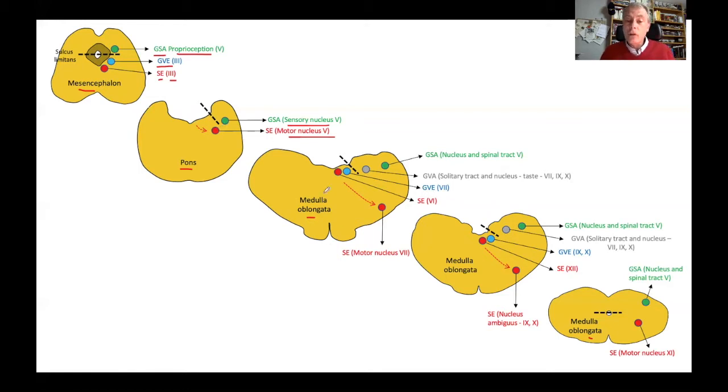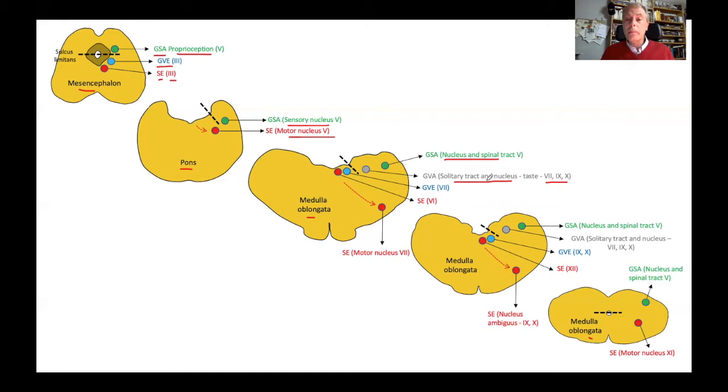At the dorsal portion of the medulla oblongata, again, dorsal to the sulcus limitans, we found the spinal tract of the trigeminal nerve and nucleus of the spinal tract of the trigeminal nerve. And ventral and close to the sulcus limitans, we have the solitary tract and nucleus of the solitary tract, that is for the facial, glossopharyngeus, and vagus.